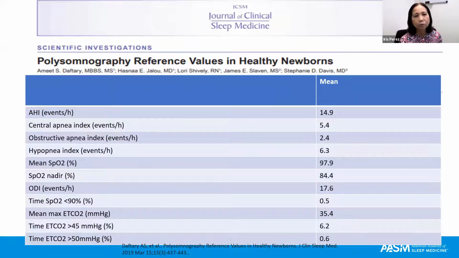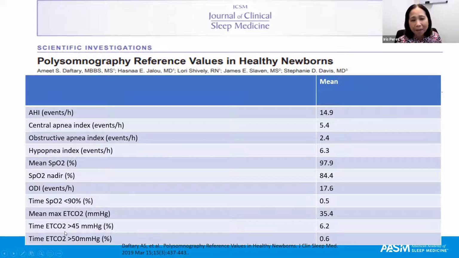What they found was a higher AHI in healthy term newborns, with a mean of 14.9 events per hour. Most of them were obstructive hypopneas. The oxygen saturation mean is 97.9 with an SpO2 nadir of 84%, and an oxygen desaturation index of 17.6, which is also higher compared to what's been described.